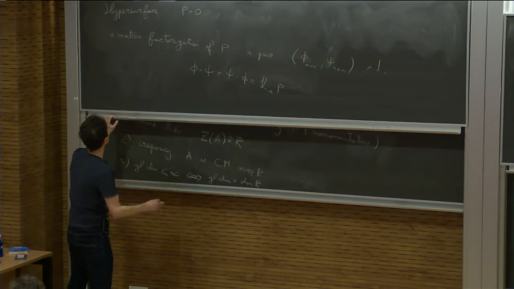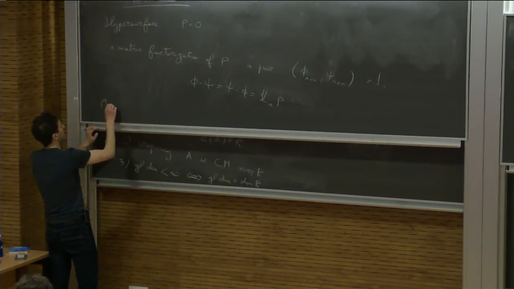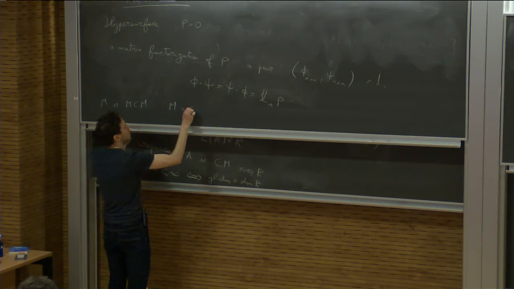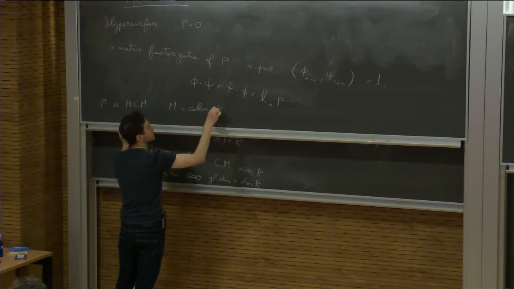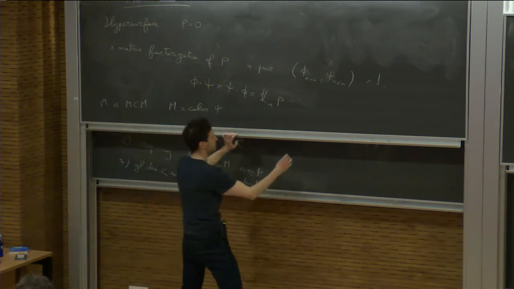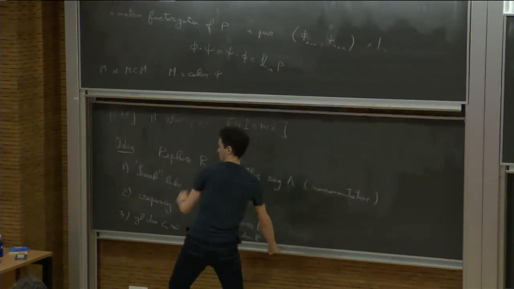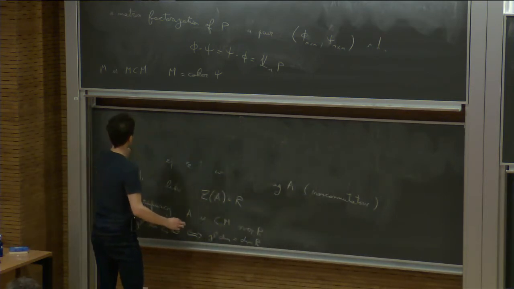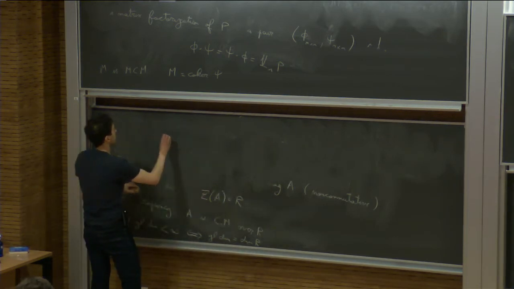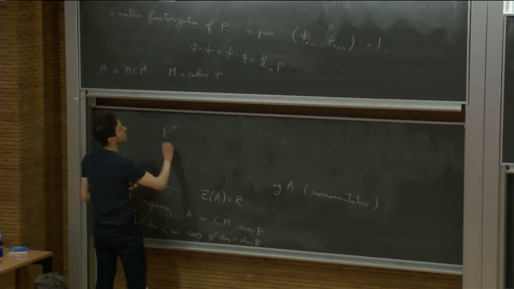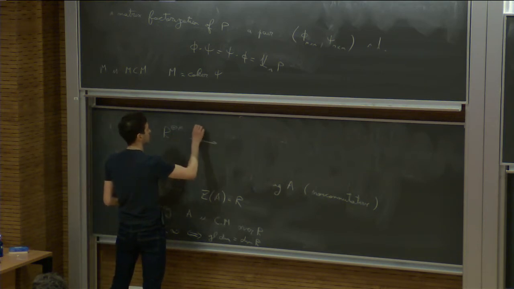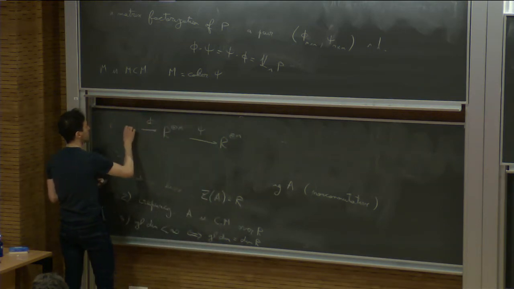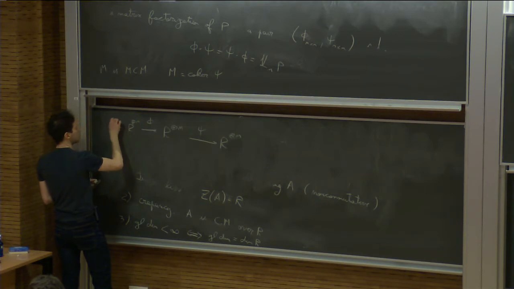So what is an MCM module? It's anything that can be written as the co-kernel of a matrix like this. If you have a matrix factorization, like I gave, then this defines a map, and in fact you have this semi-infinite complex that is periodic.